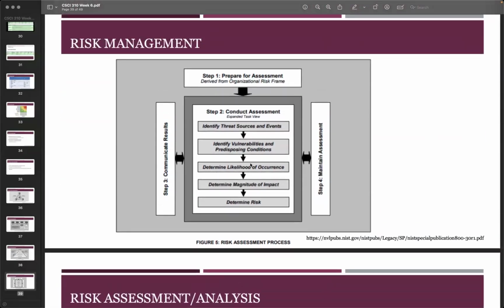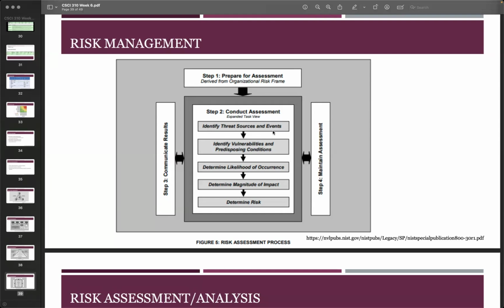Okay, and then the risk management, step one, prepare the assessment, so they should know, and then step two, we try to conduct the assessment. Right here, we identify the threat sources, that means we need to know what the threat is. If we know the threat, then we know what the possible tactics they're going to use.